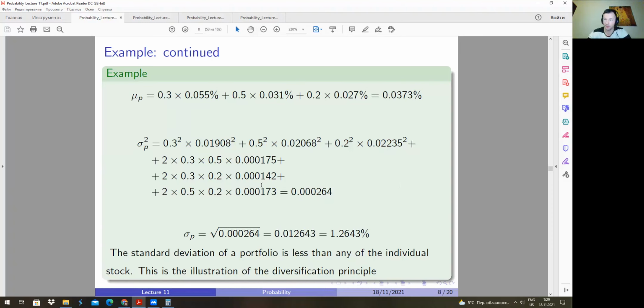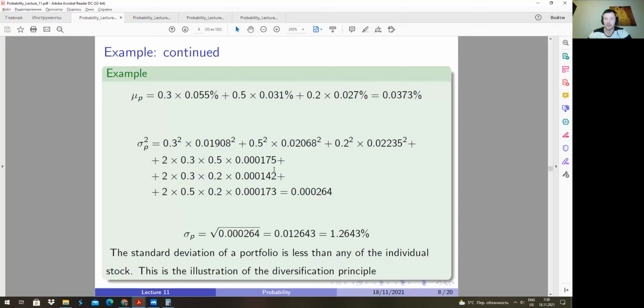If there are 5 stocks, we have 4, 3, 2, 1, which is 10. So as the number of stocks increases, the number of covariances increases very fast.